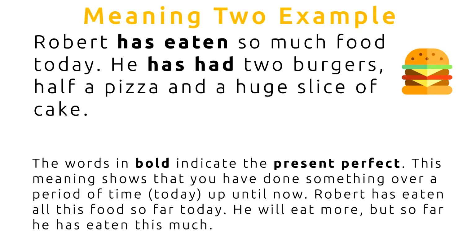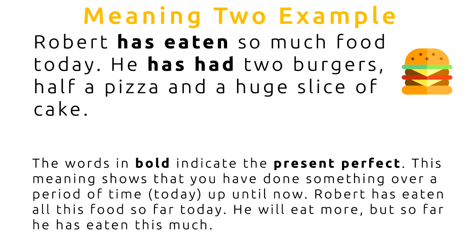Look at this example. Robert has eaten so much food today. He has had 2 burgers, half a pizza, and a huge slice of cake. So the words in bold indicate the present perfect.